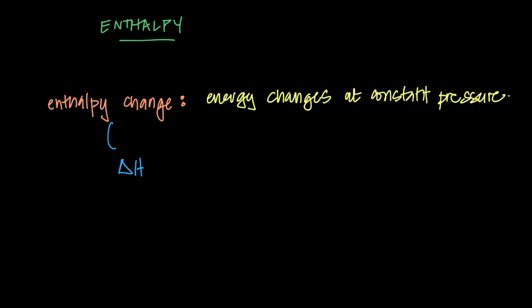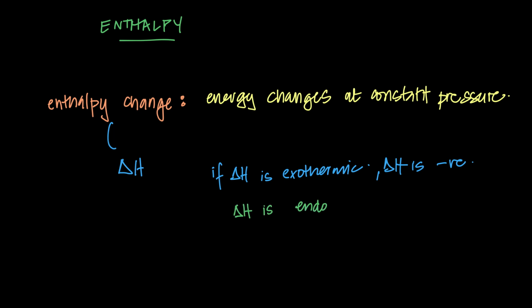Now, the enthalpy change, you might remember from O levels and IGCSE, also has a sign for endothermic and exothermic reactions. And that's something that you need to know beforehand. If a reaction is exothermic, the enthalpy change delta H is negative. And if a reaction is endothermic, then we write the value of delta H as a positive value.